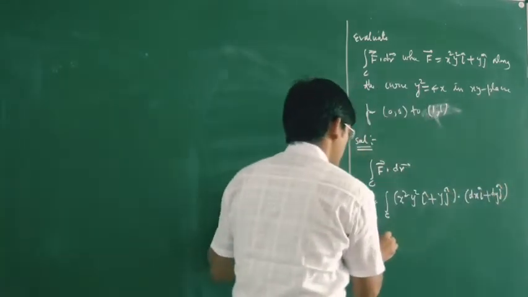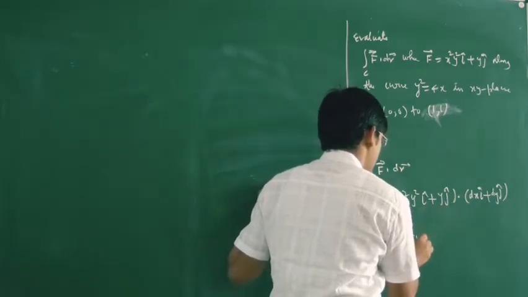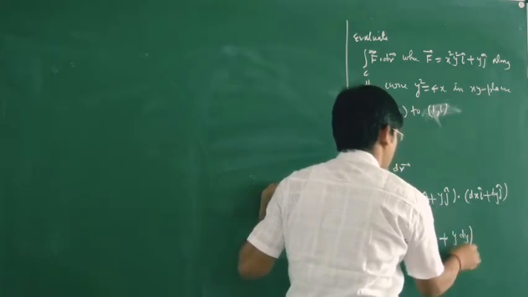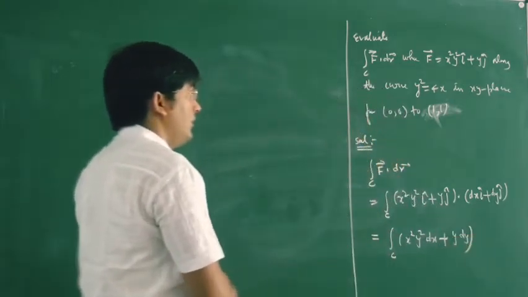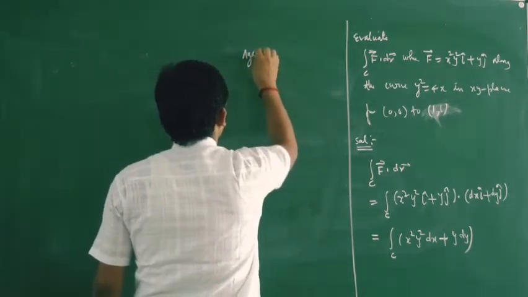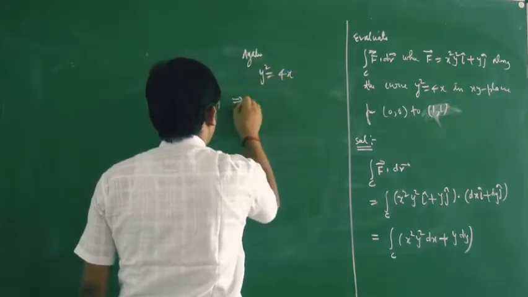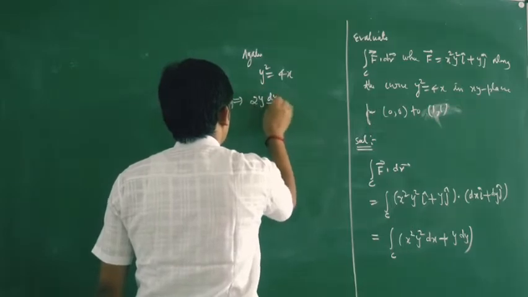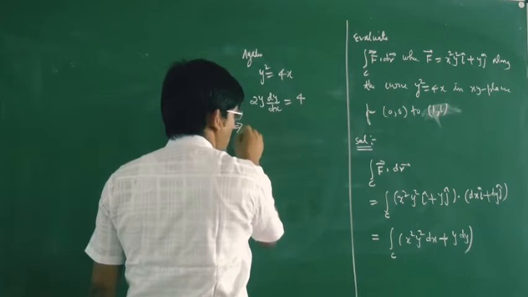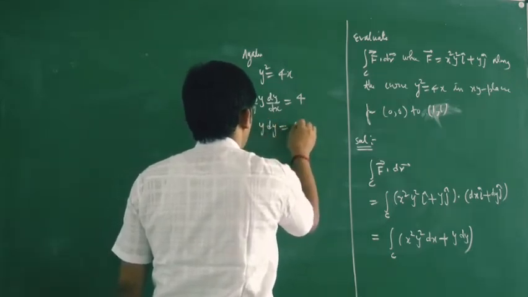So this is equal to, now i dot i is 1, so we have x squared y squared dx, then j dot j is 1, so we have y into dy. Now y squared is 4x. So from here we have 2y dy by dx equal to 4, so y dy is equal to 2 dx.